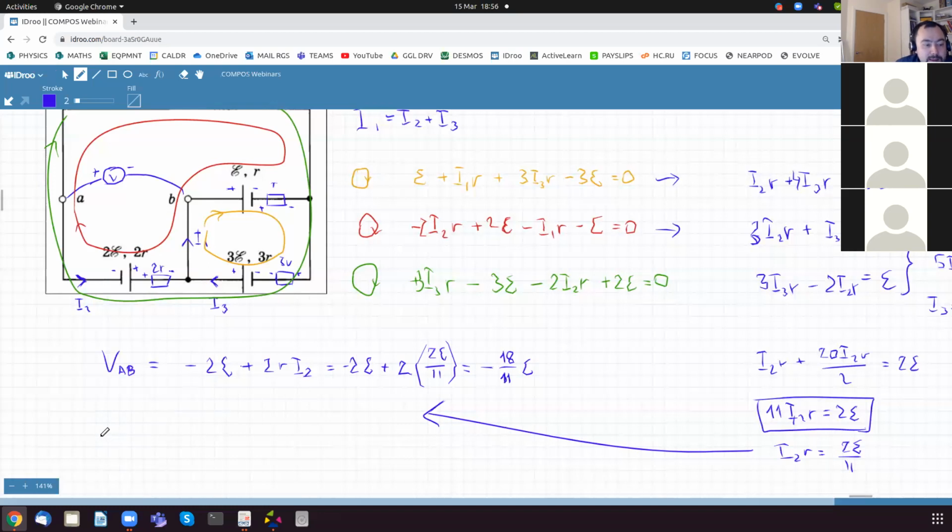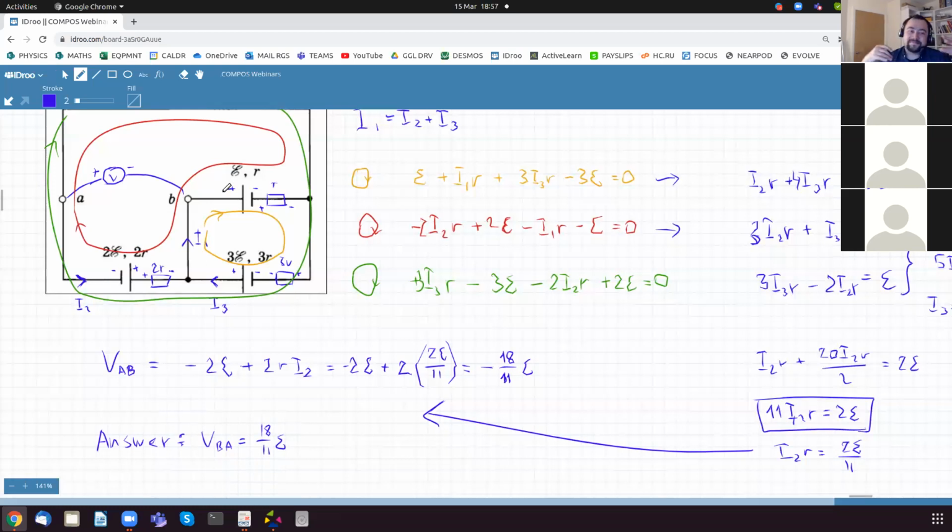So the answer: the voltage between B and A is 18/11 EMF.